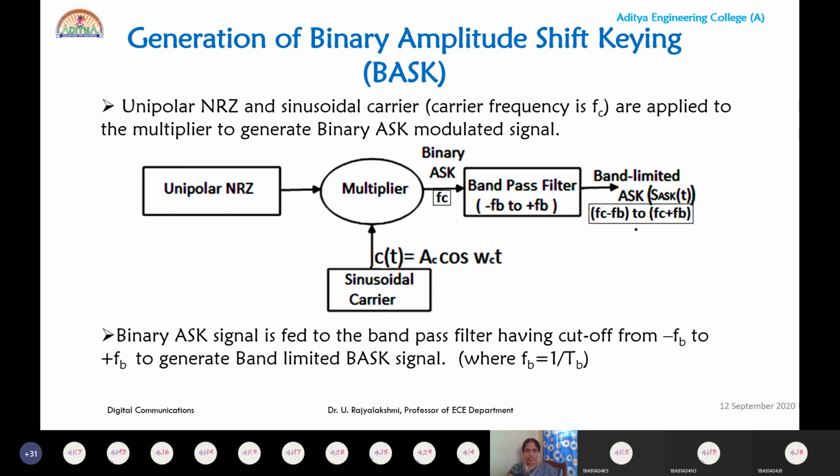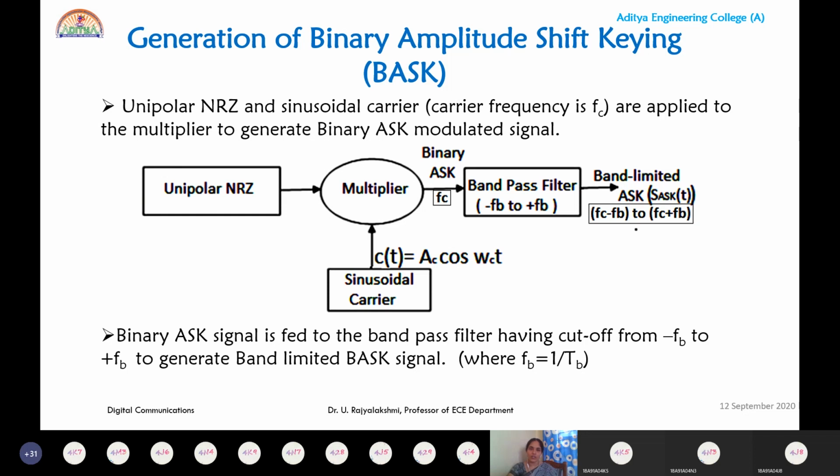How will the amplitude differ? Based on the input, that is unipolar NRZ. Based on unipolar NRZ, we can generate binary ASK signal whose magnitude varies with respect to the unipolar NRZ magnitude.